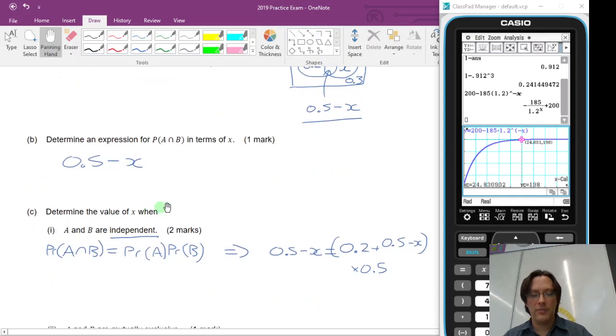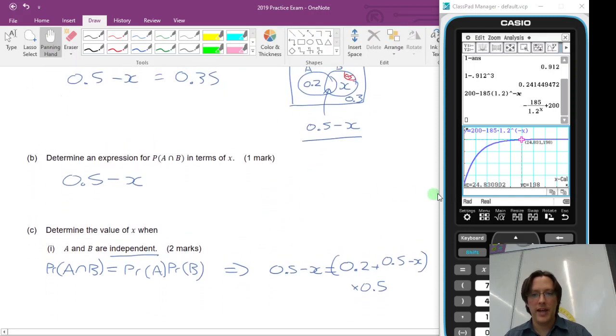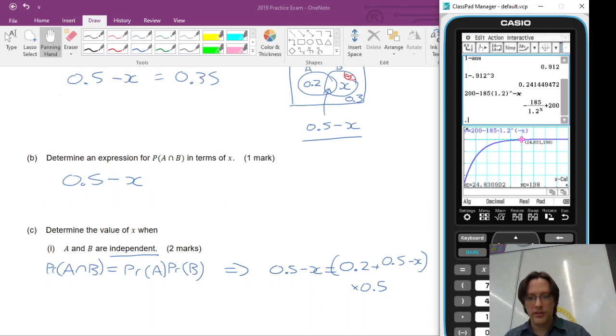No sense wasting time working out. Just so you know, I got the probability of A there by adding the only A part with the intersection part. So what I'm going to do is 0.5 take x equals 0.2 plus 0.5 minus x.